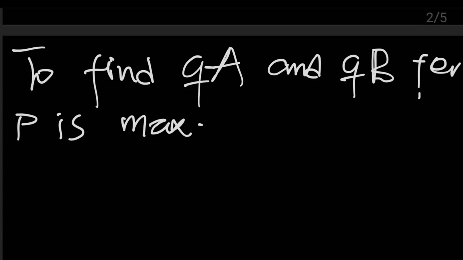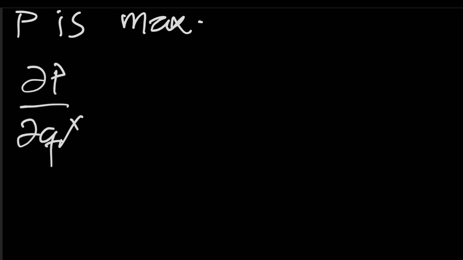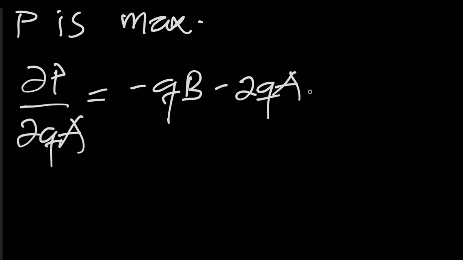The partial derivative of P with respect to QA will be equal to minus QB minus 2QA plus 100, which will be equal to 0.